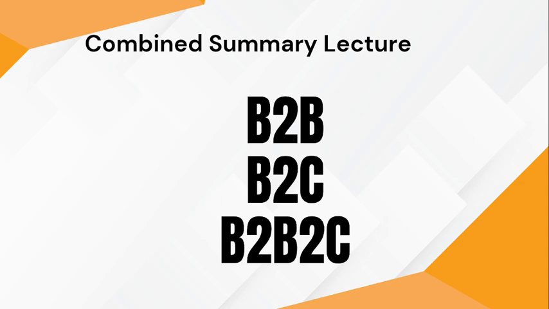In the B2C model, businesses sell products directly to individual consumers. And in the third, B2B2C model, two businesses collaborate to deliver products or services to the final consumer. Understanding these differences helps to identify how companies structure their operations and reach their customers in different industries.